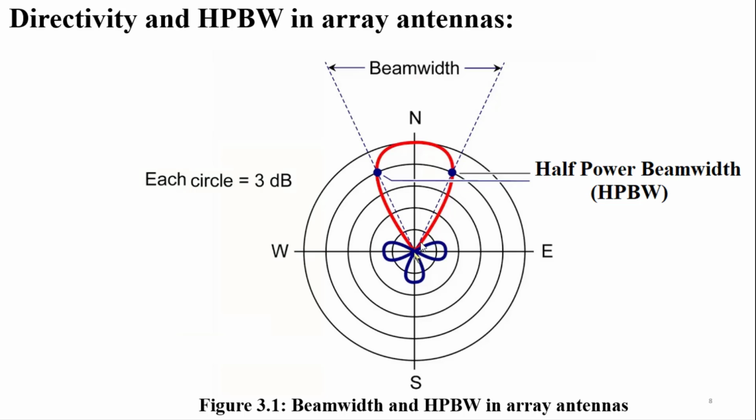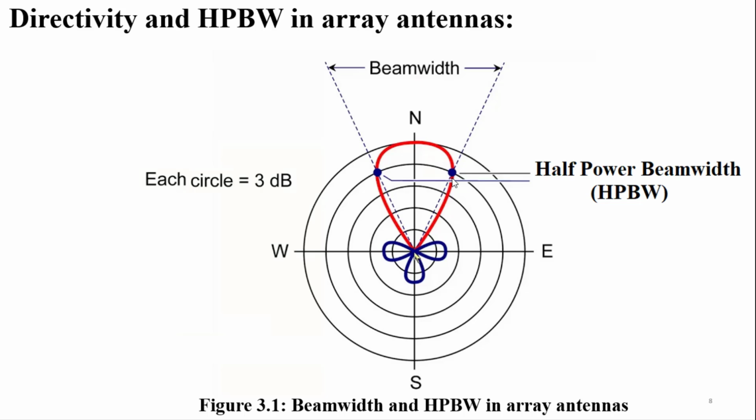We take the main beam of our array antenna, the red color for example here. We take the maximum of radiation and we go down by 3 decibels. The intersection of our main beam with that level gives us the angle of the half power beamwidth. The smaller this angle, the more directive our array antenna is.